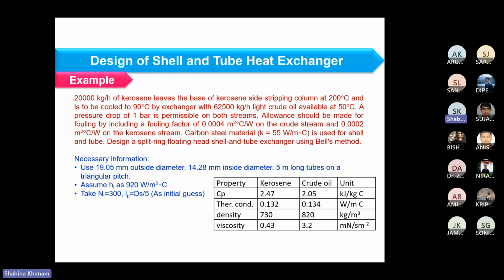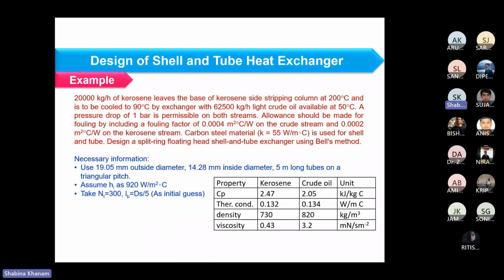Okay, so if you see further, pressure drop of 1 bar is acceptable for both streams, means for shell side as well as tube side, so that we need to consider while designing. Allowance should be made for fouling by including the fouling factor 4 into 10 power minus 4 on crude stream and 2 into 10 power minus 4 for kerosene.